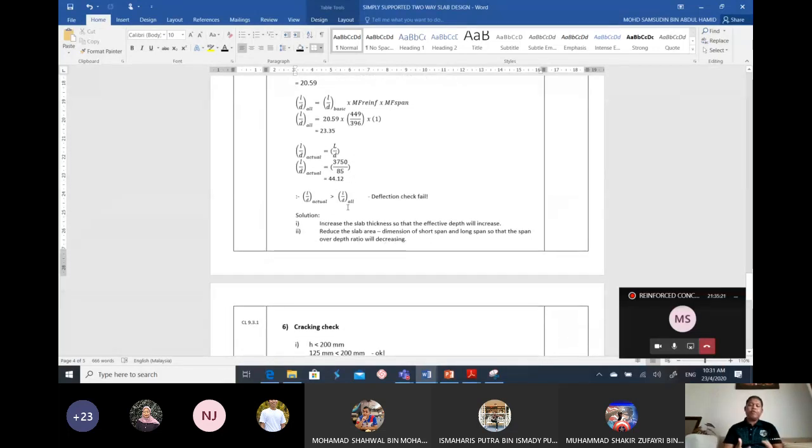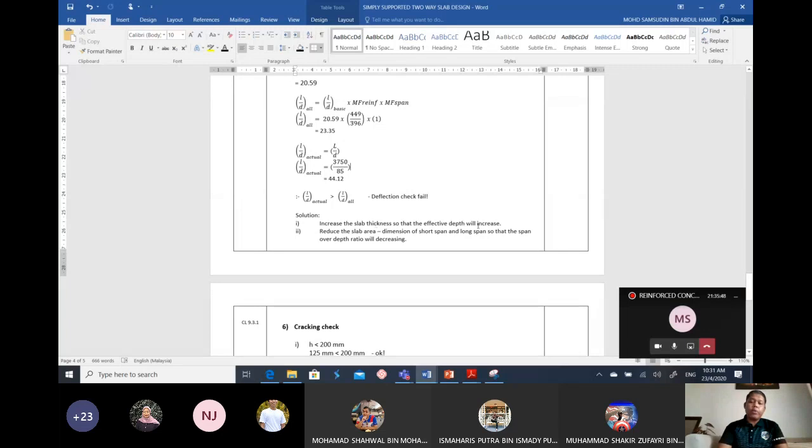What we have to do if our deflection check fails, this is my suggestion. If you have any other answer to make sure that your deflection check does not fail, you may have your own idea too. My solution is to increase the slab thickness so that the effective depth will increase. From 125, I can suggest 150 millimeter.